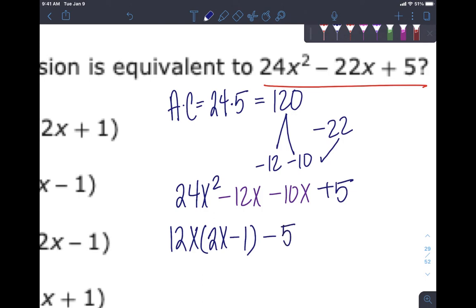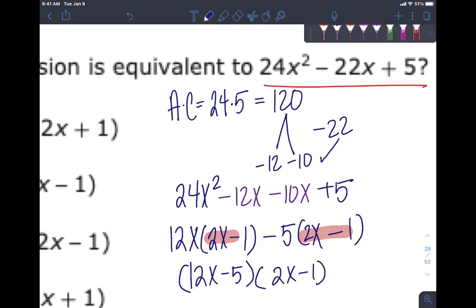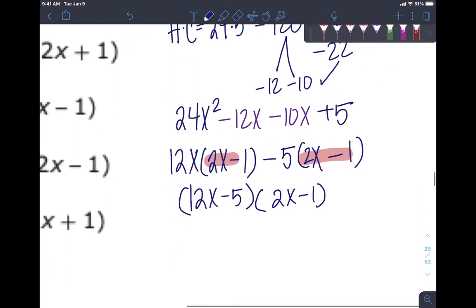So -5 into 2x minus 1. Now I'm going to verify that the insides are the same, and they are. So I can combine like terms.